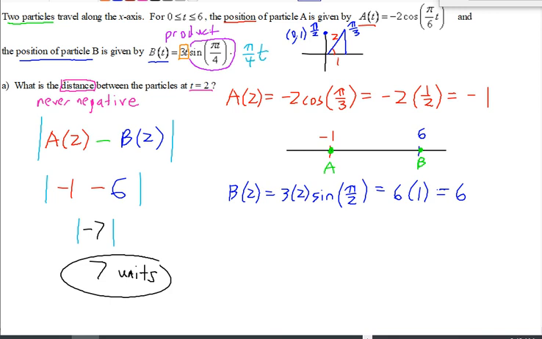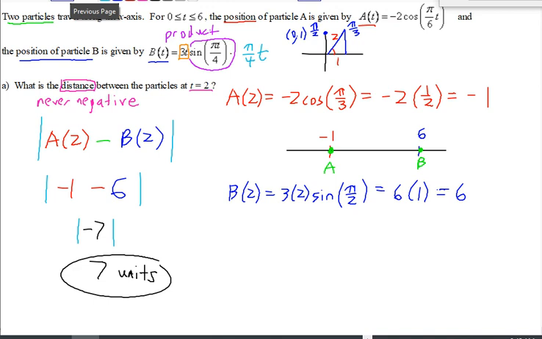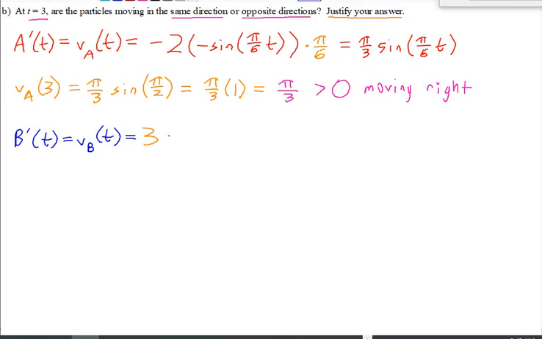Okay. And so then when we take the derivative using the product rule, the derivative of 3t is 3, times the second one as it is, so times sine of pi over 4 t, plus the first one as it is, 3t, times the derivative of the second one.